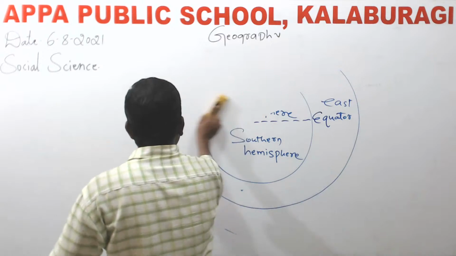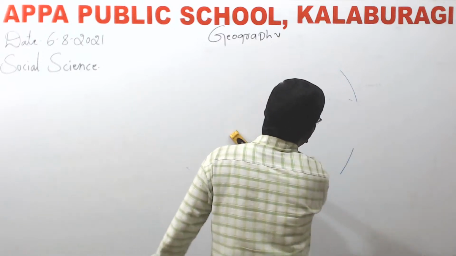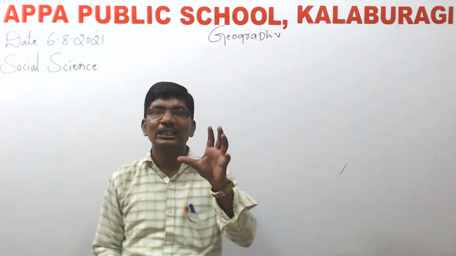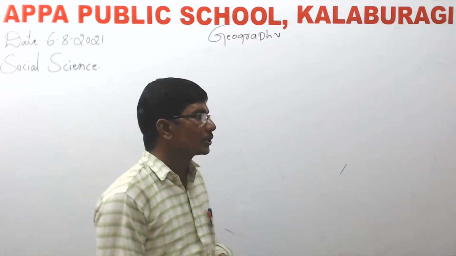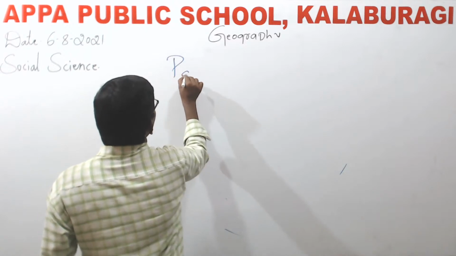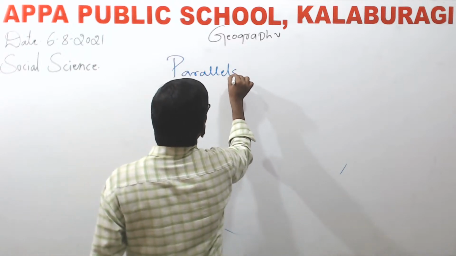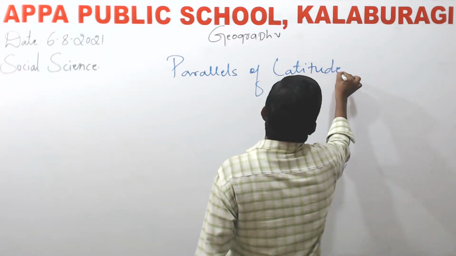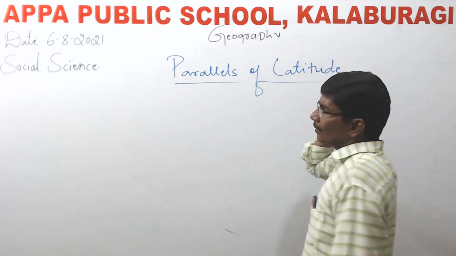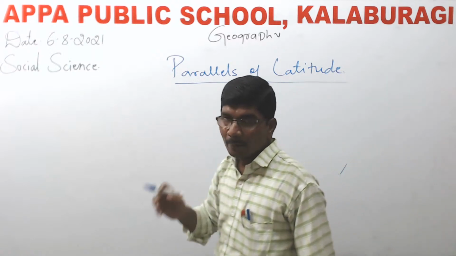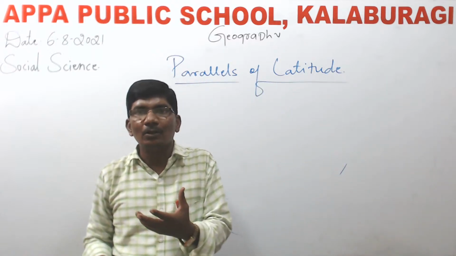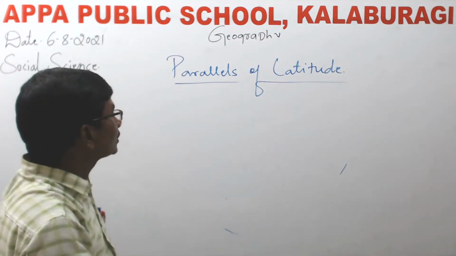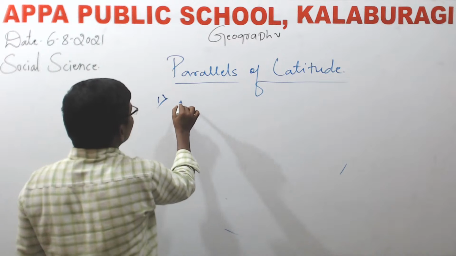Is it clear, children? Now I am going to explain about the four important parallels of latitudes. There are many latitudes, but we consider only four very important. Which are those? Let me write.